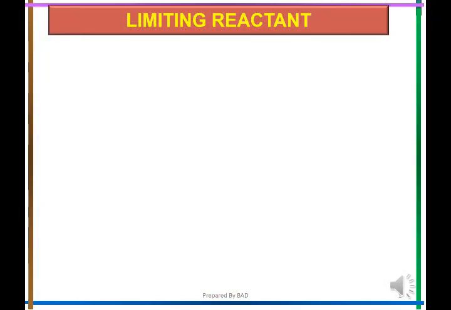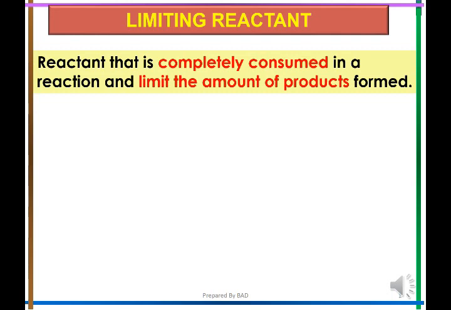(1.3b) Define limiting reactant and percentage yield. The definition of the limiting reactant is the reactant that is completely consumed in a reaction and limits the amount of product formed.